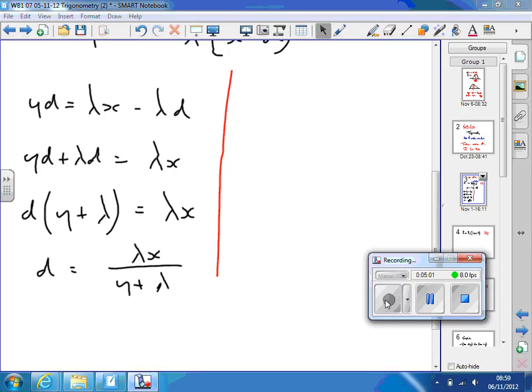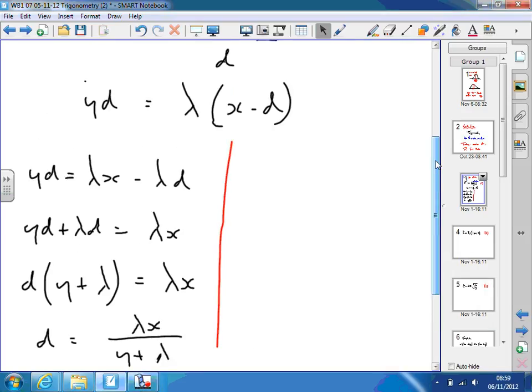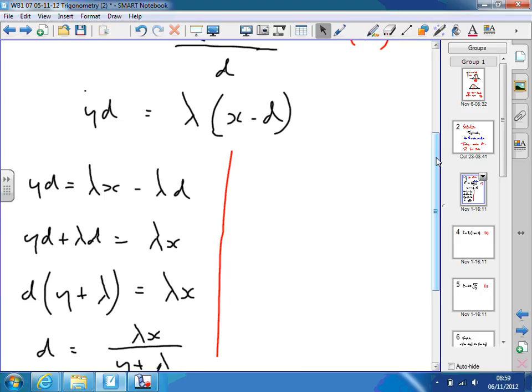Okay, that's one way to do it. Now let's look at the other way to do it. So going back to this point here, before we decided to multiply out the brackets, the other thing we could have done was to divide both sides by lambda. So YD divided by lambda equals x minus D, because I've got rid of the multiply by lambda, so I don't need the brackets anymore.